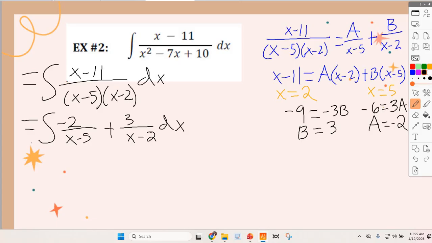Some people want to carry over this X minus 11 now that we have X's to begin with. But again, remember, if we found common denominators, we would distribute those 2's and 3's, and that's what's going to end up giving us the X minus 11. We don't need to carry it with us. Yes, no, maybe so.